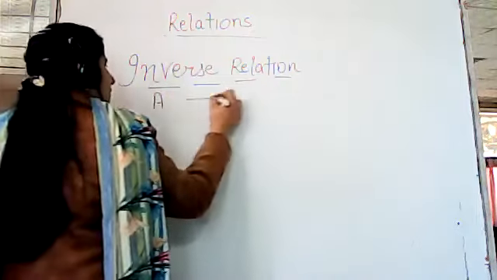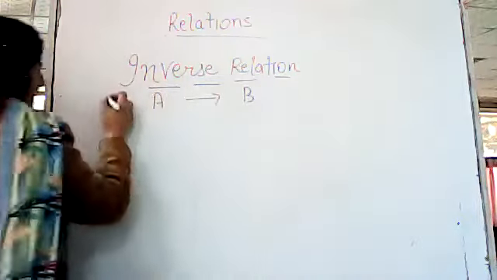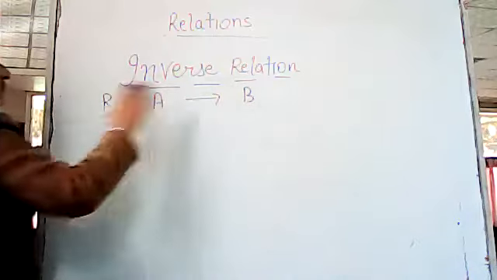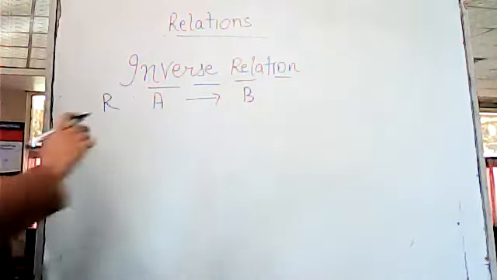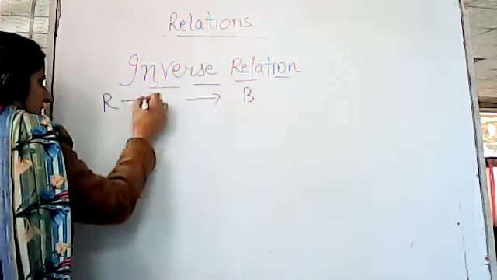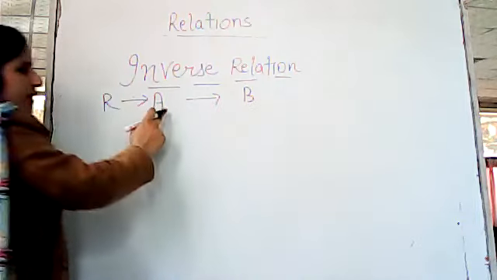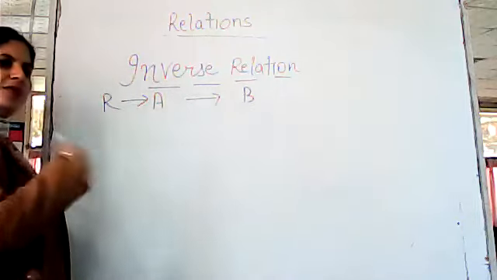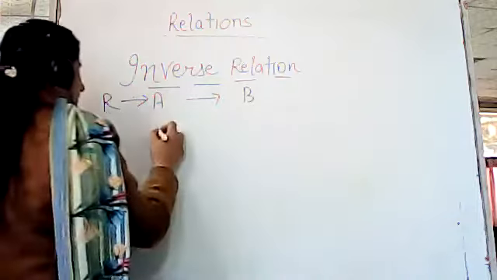Suppose we are given 2 sets A and B, and R is a relation from set A to B. Then what is the inverse of this relation?